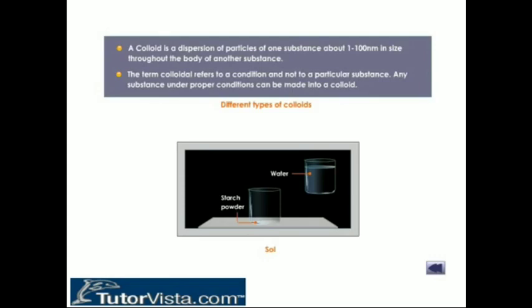Sol is a solid dispersed in a liquid, like a starch solution. Emulsion is a liquid dispersed in another liquid, as in dilute milk.